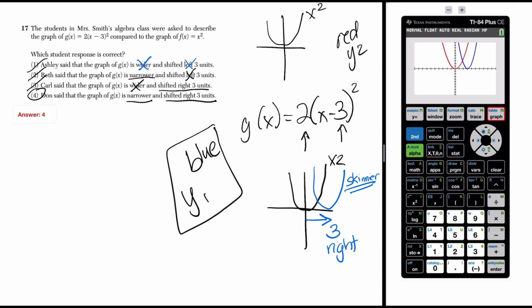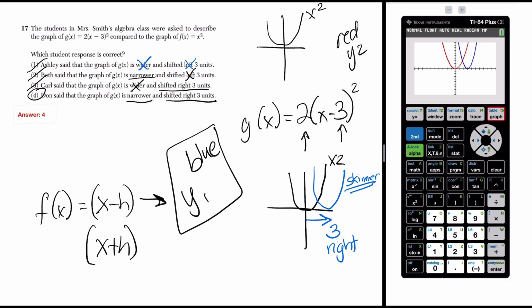So now knowing that and thinking about this here, in terms of shifting, I'm just going to put in f of x so you see it. Anytime you see something like x minus h or x plus h, this has to do with the shifts.